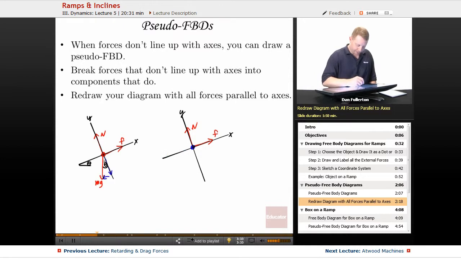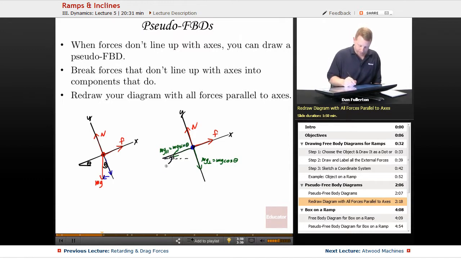We have the component that's adjacent to our angle, which I call mg perpendicular because it's perpendicular to the plane of the ramp, is mg cos theta, and mg parallel, the component of the weight that's parallel with the ramp, is mg sine theta, where again, theta is the angle of your ramp itself, or it's also that angle right there.